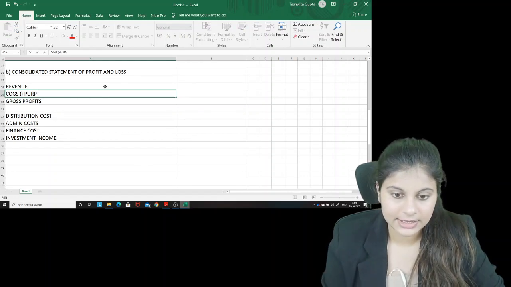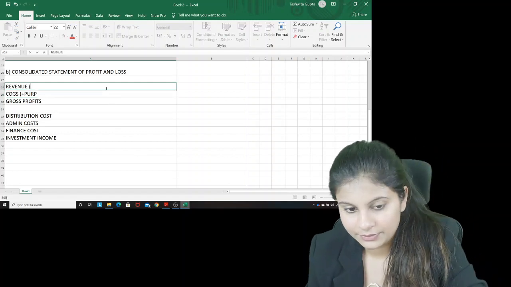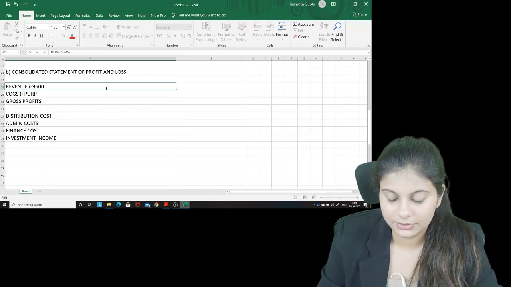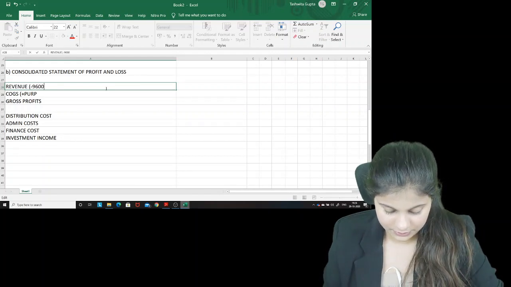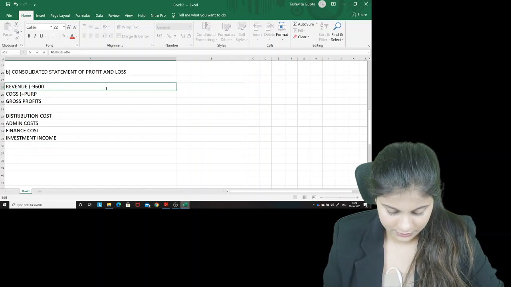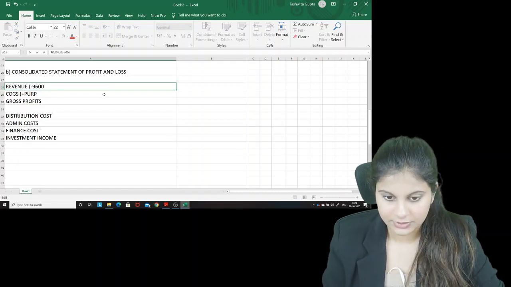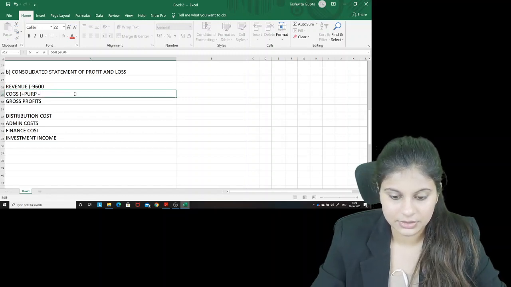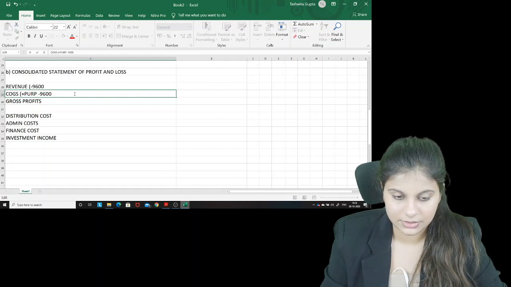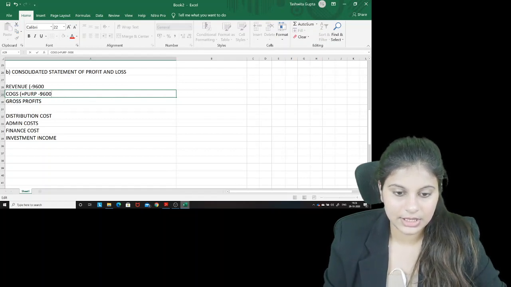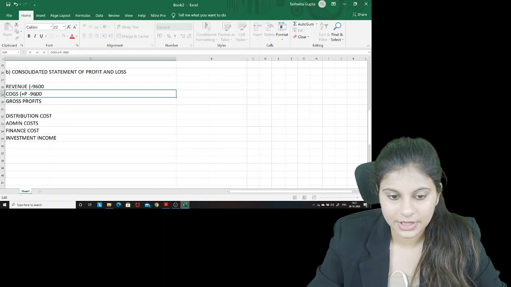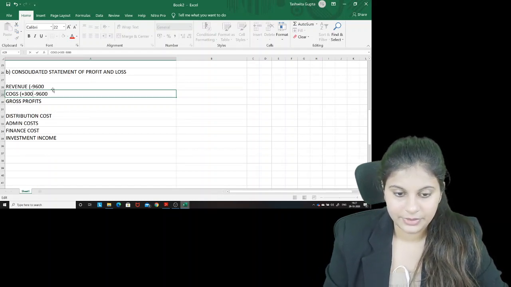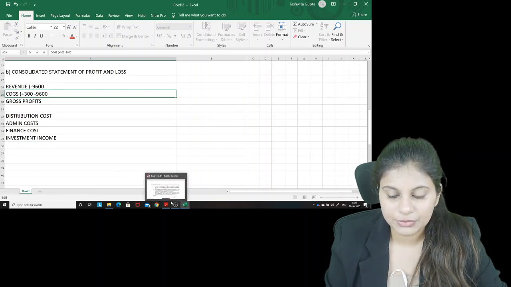So I'll say deducted from revenue. And deducted from COGS. This will add PURP here. PURP is 300. Okay. Now let us move to the question again.